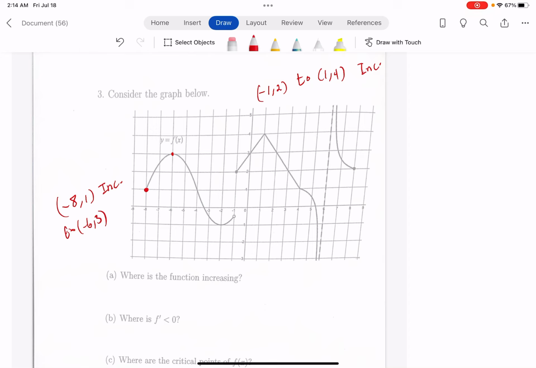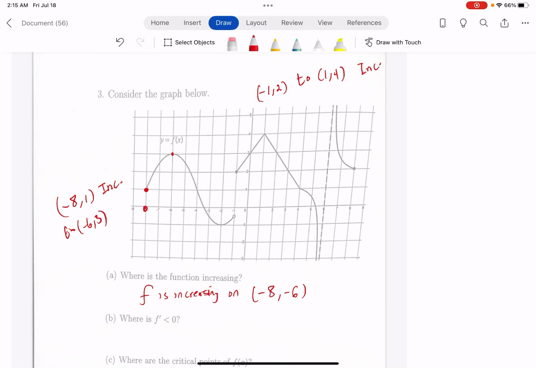So we can say here the function f is increasing on -8 to -6.